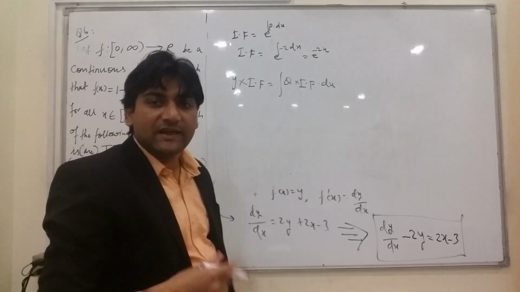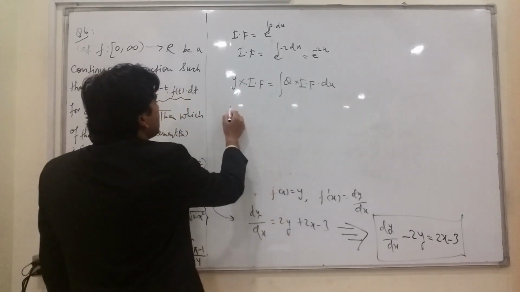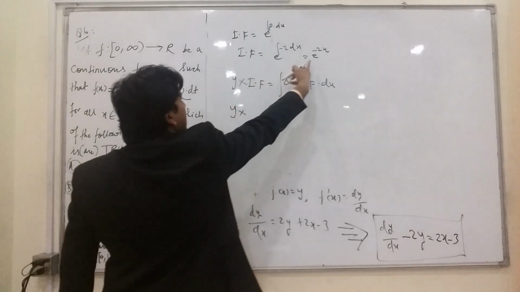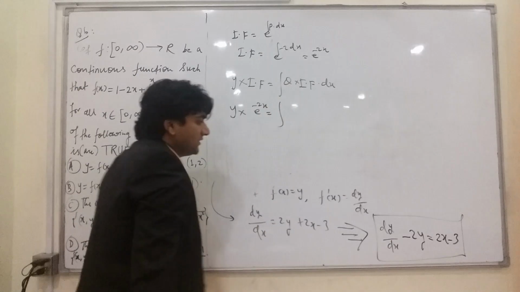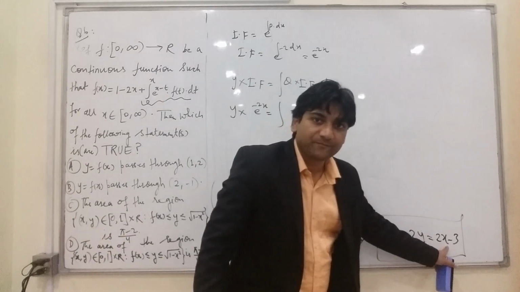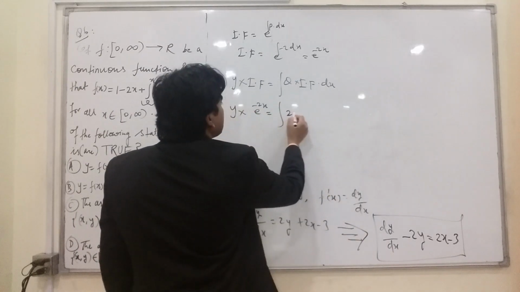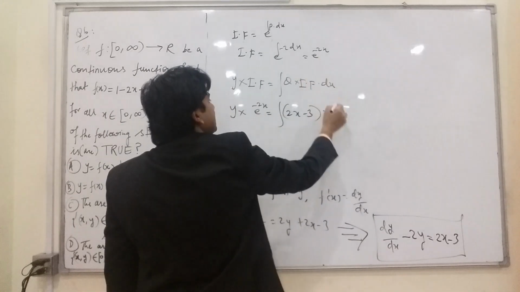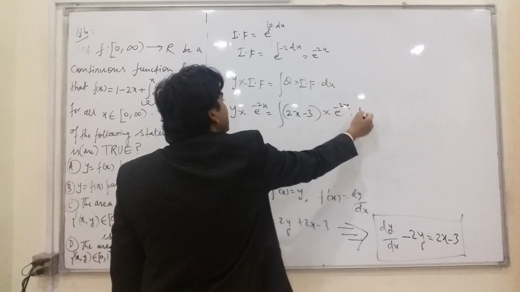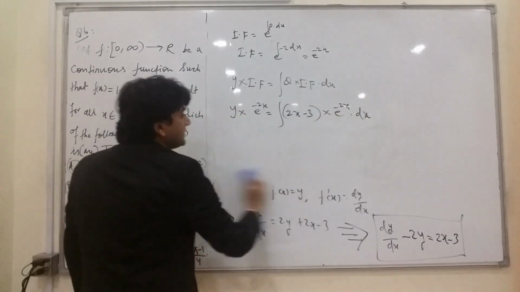This is the answer when we have an integrating factor. So now y times e raised to minus 2x, then what is q? q is 2x minus 3. So this is 2x minus 3 times e raised to minus 2x dx. Okay?